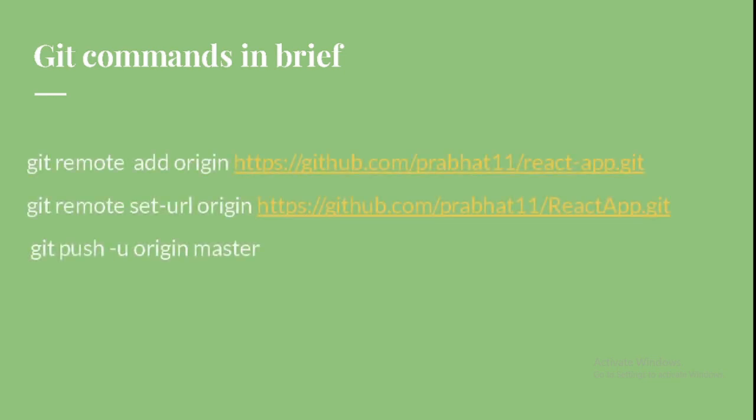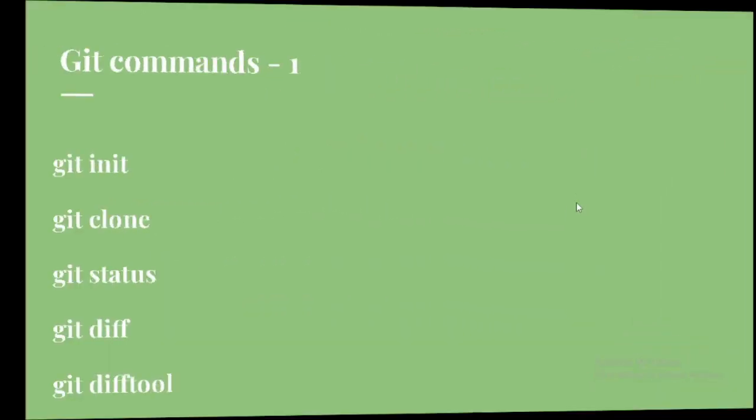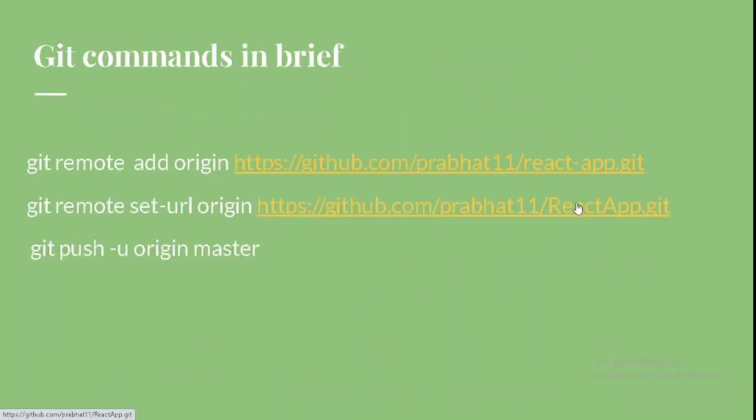Coming to the git commands, whatever we have added there, we need to send into the remote web URL. So what command do we write to send it? Suppose I have created one project, react app.git.